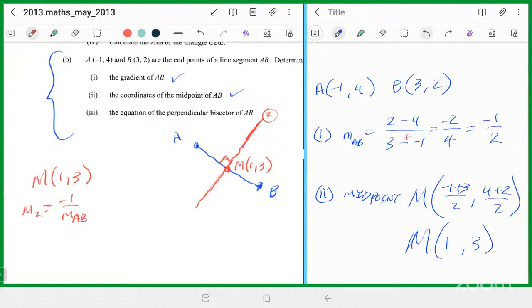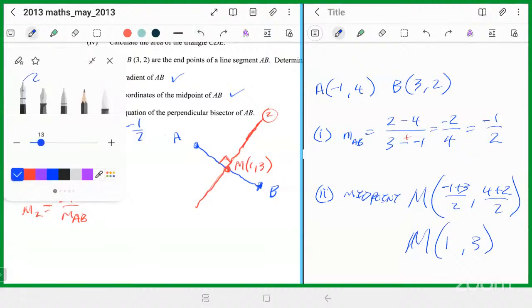So the quick way to do this calculation: the shortcut is to flip the gradient and change the sign.